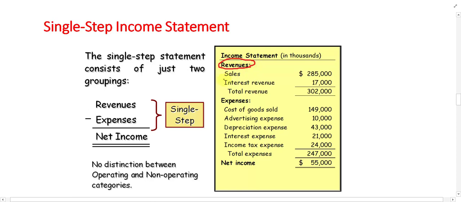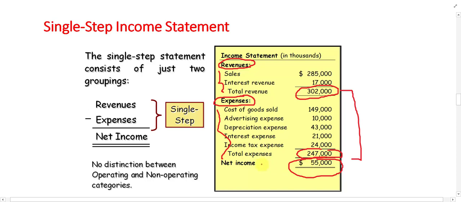And after that, we mention the different types of revenue that we received, right? Then we mention the total of revenue. And after that, of course, we mention the second one, expenses, then different types of expenses, then total of expenses. Then from total of revenue, we subtract the total of expenses, and we get the result. If this is positive, it is called net profit, otherwise it's called net loss.